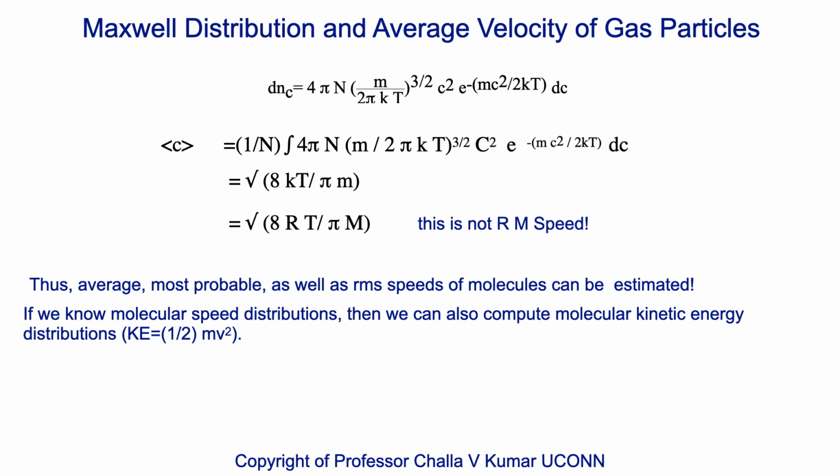So if we know the molecular speed distributions, then we can also compute kinetic energy distributions. Now this is an important deduction because kinetic energy is a manifestation of the motion of molecules, and we know the kinetic energy is given as half m v squared, right, from Newtonian mechanics. So if I know how the speed is distributed, then I know how the energy is distributed. Right?